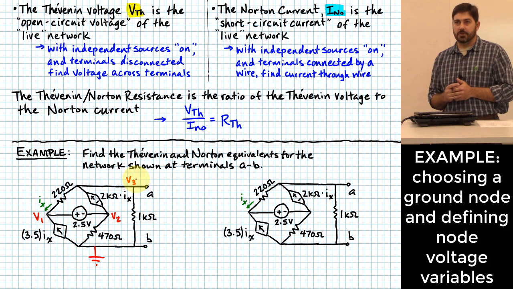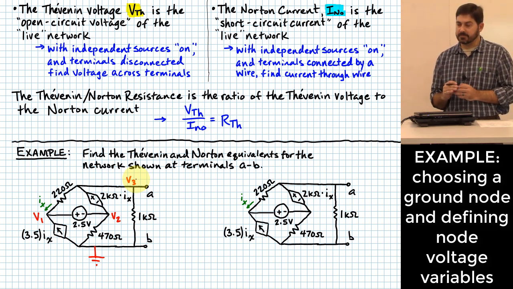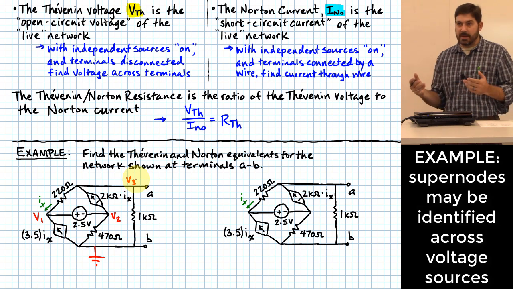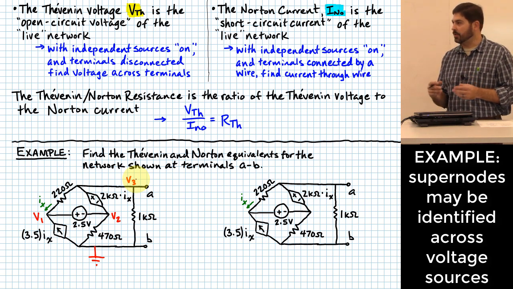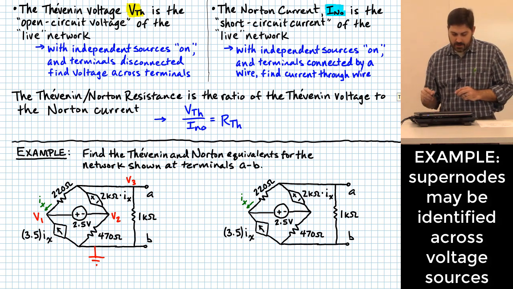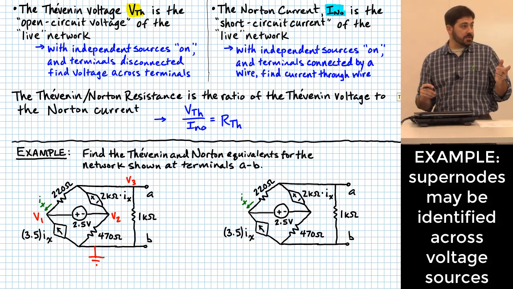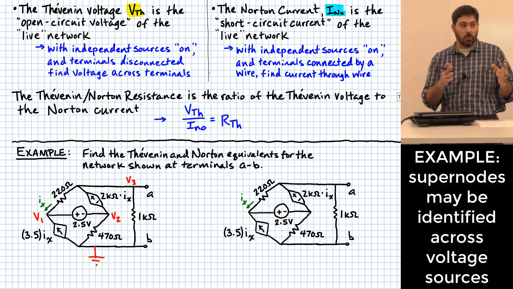Then what should I do with my nodal analysis technique? Should I identify maybe any supernodes? Where do I have supernodes when I do nodal analysis? Yeah, you look for the voltage sources, and for this, it's voltage sources that are either independent or dependent.